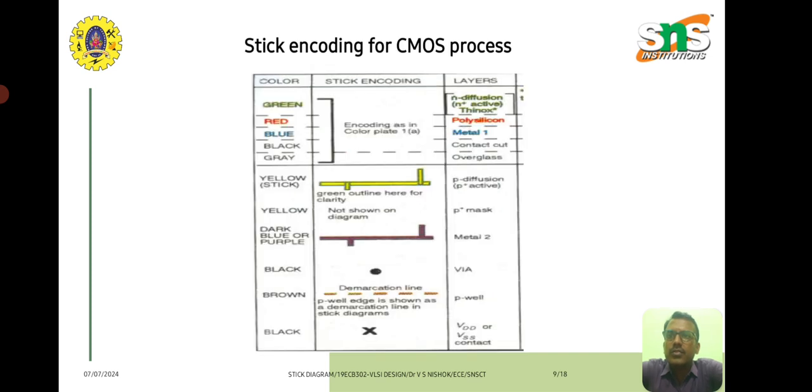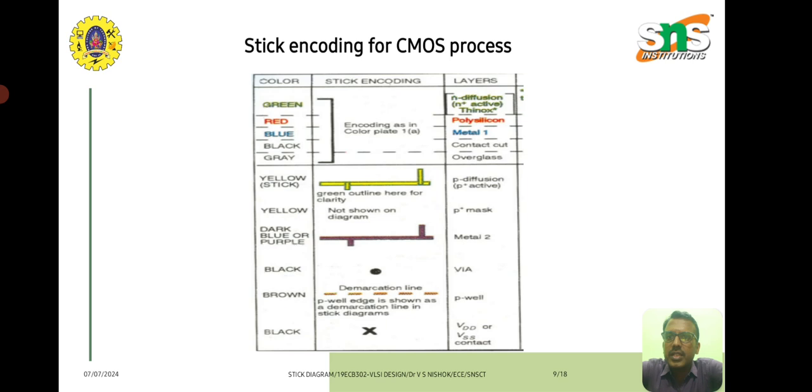Similarly, the stick encoding for the CMOS process. Most things are similar to NMOS, but in CMOS logic we use an equal number of PMOS and NMOS transistors. To represent P diffusion or a PMOS transistor, we use yellow, as given below.